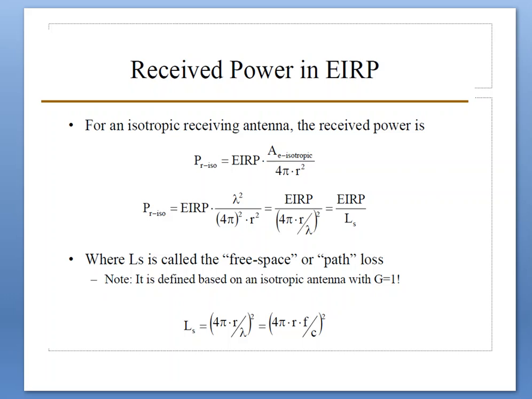If you consider it is not an isotropic antenna, P received is equal to EIRP divided by LS multiplied by G, where LS is called the free space loss or path loss, and it can be expressed in terms of R and lambda as LS equal to 4 pi R divided by lambda whole square, that is equal to 4 pi R f by c whole square.